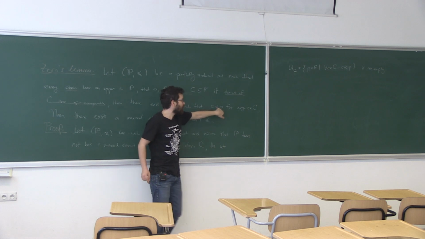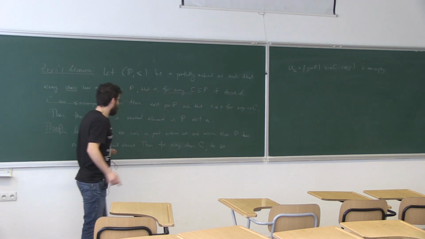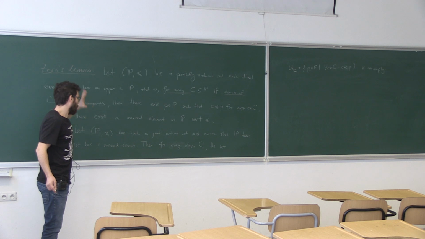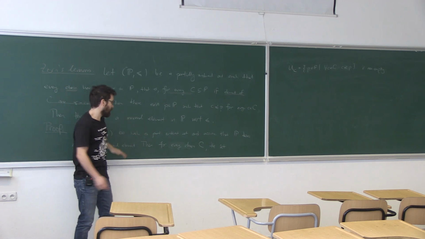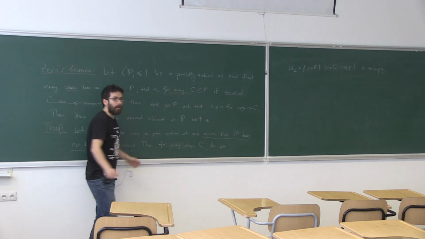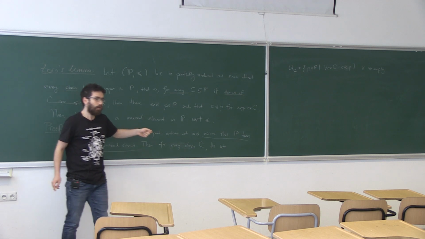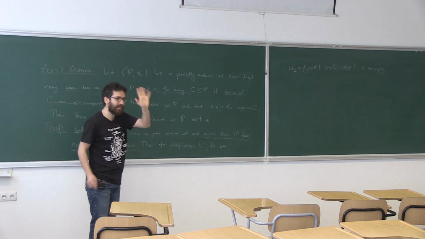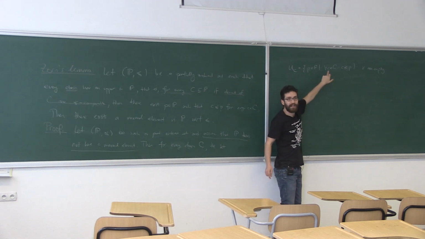Now this element is either inside C or outside C. I assume to the contrary that P does not have a maximal element, which means that this guy cannot be in C. Well, okay, it can be in C actually, but the point is this guy cannot be non-empty.